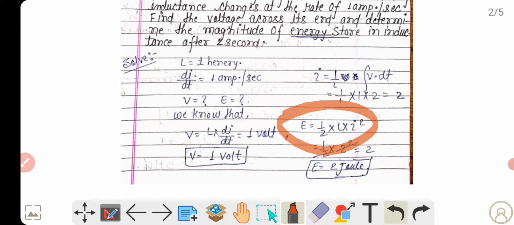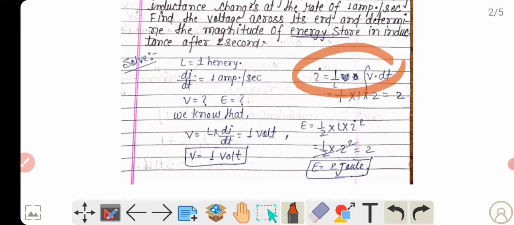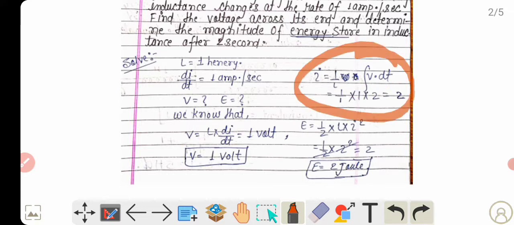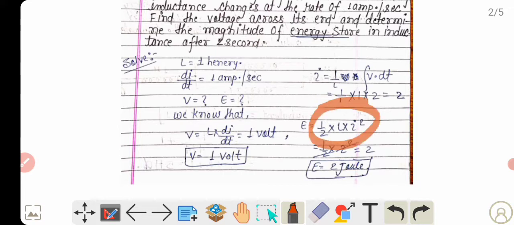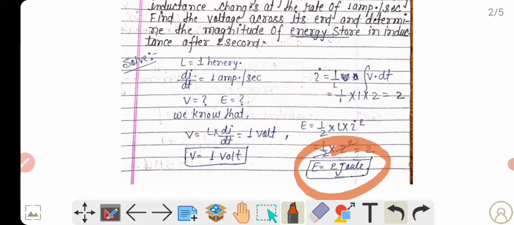Here we have to find the value of current, and we know that the current across the inductor is 1 by L into integration of V dt. So we can find the value of current, and it will come to 2 ampere. Now as we put the values of inductance and current in this formula, we get the amount of energy stored in 2 seconds, and it will be equal to 2 joule.